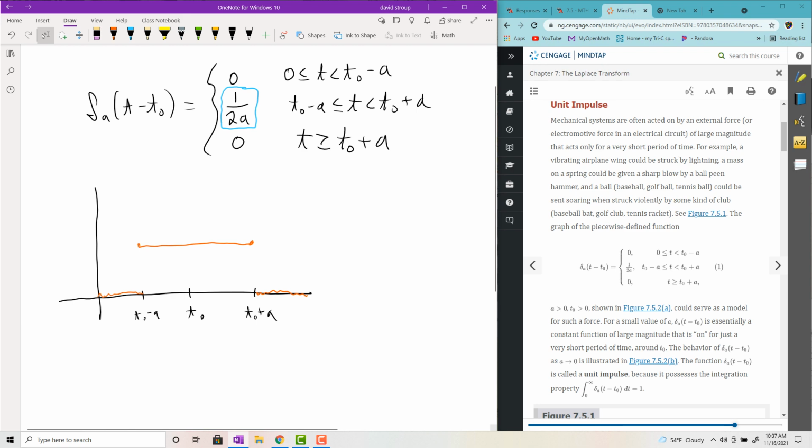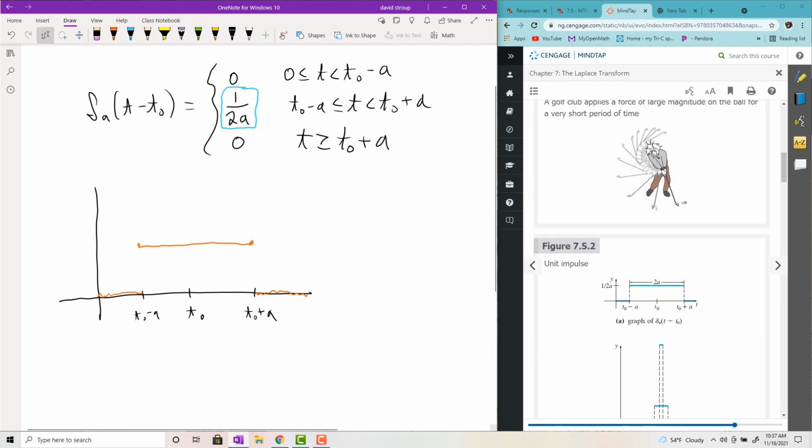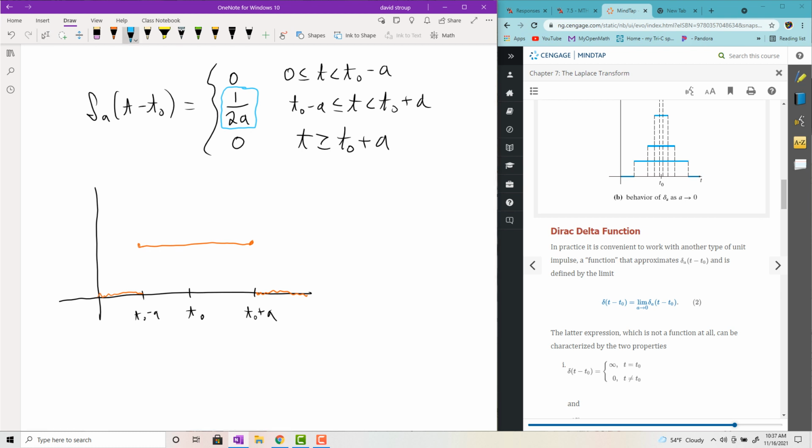There are two characteristics you'll note in the book for what we want in the Dirac delta function, so let me introduce that based off of this idea. Here we let a go to 0, and if you do that, you'll get the Dirac delta.